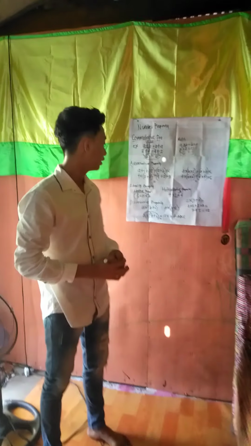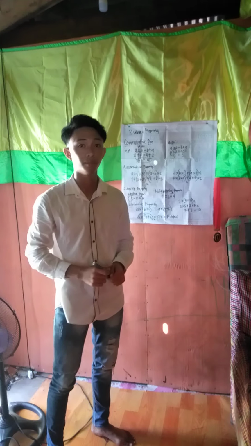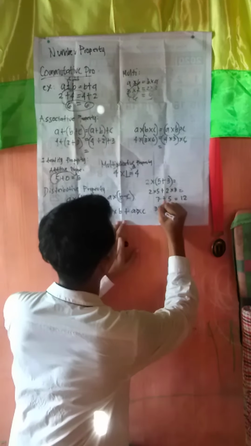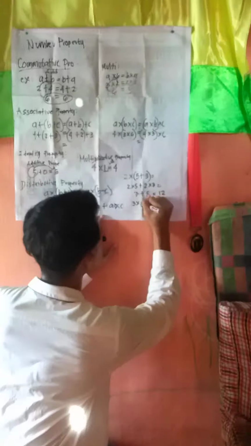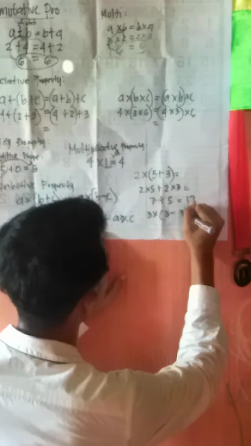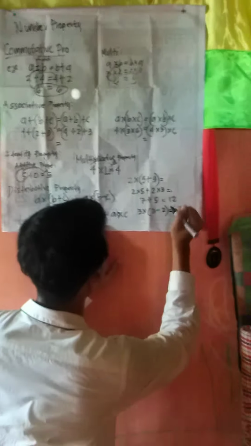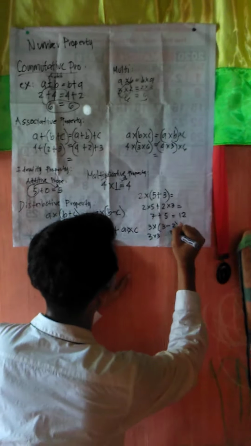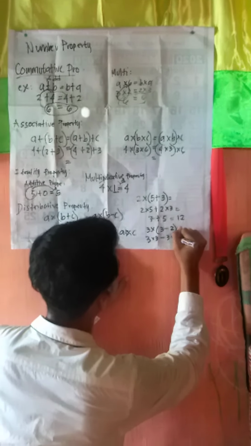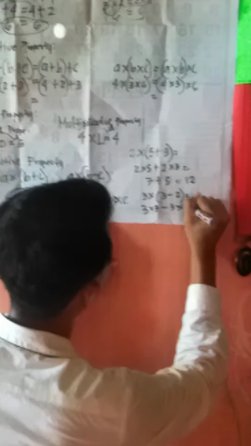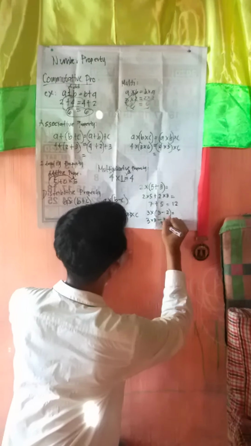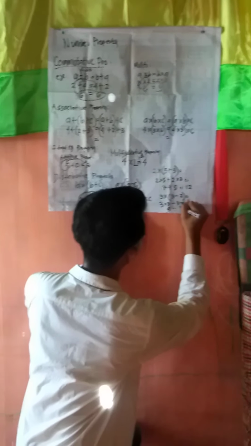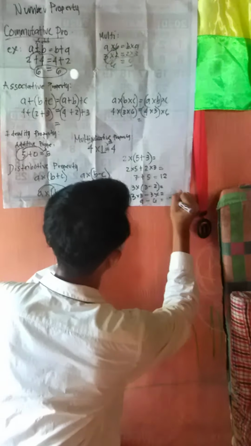And now for the subtraction, I will also give an example, which is 3 times 3 minus 2 equals 3 times 3 minus 3 times 2 equals 9 minus 6 equals 3.